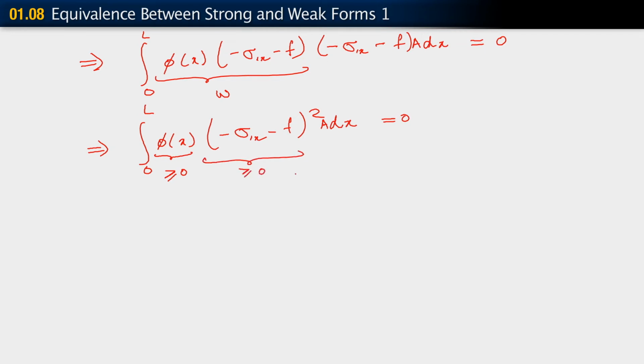So the only way this whole expression can be equal to 0, as an integral over the domain, is if minus sigma comma x minus f is itself equal to 0 in the open interval of interest, 0 comma L.